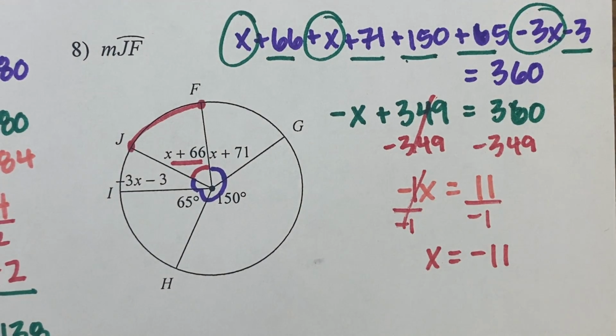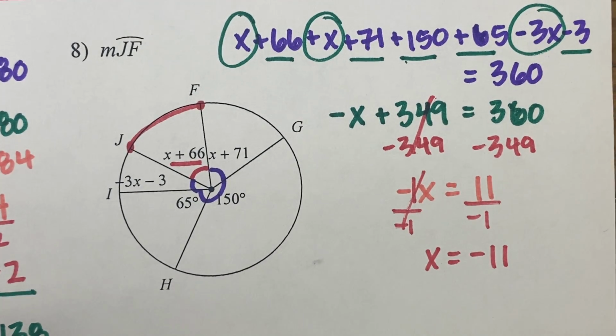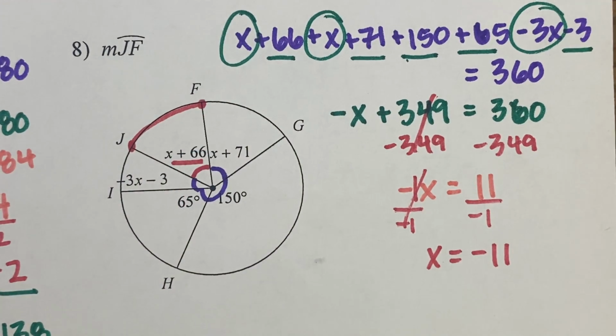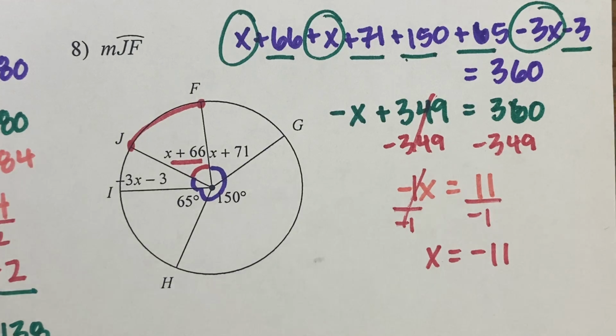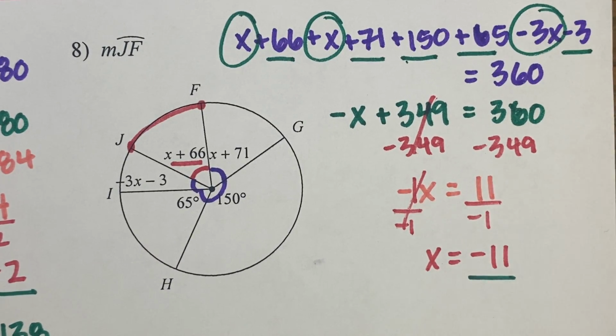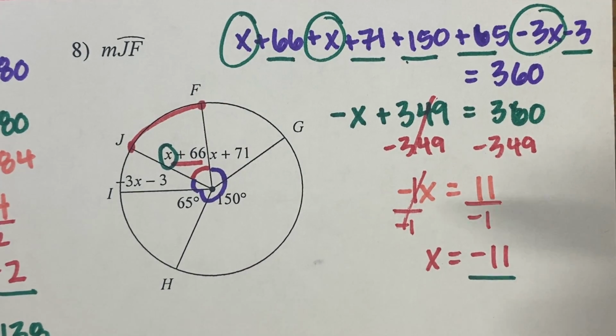Now again, that's not our end goal, that's just going to help us solve for our end goal. So we found that x is equal to negative 11. What we're actually trying to find is the measure of this arc, which is going to equal the same thing as the measure of that angle. So we just take this negative 11, now that we know that's what x is, plug it into where we need the x in that arc, and we can solve.